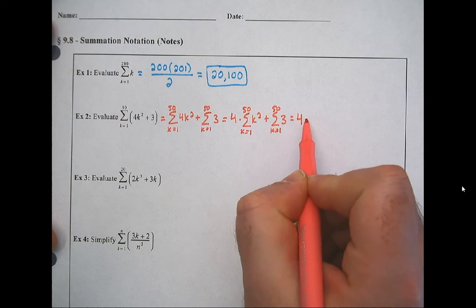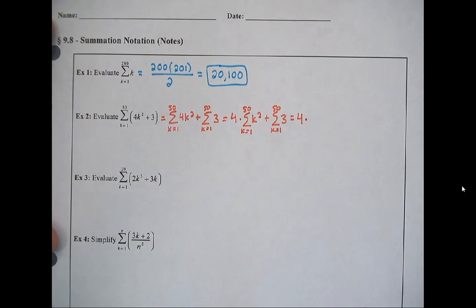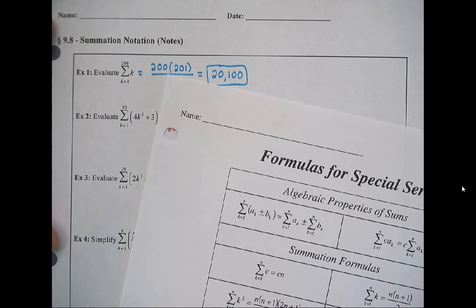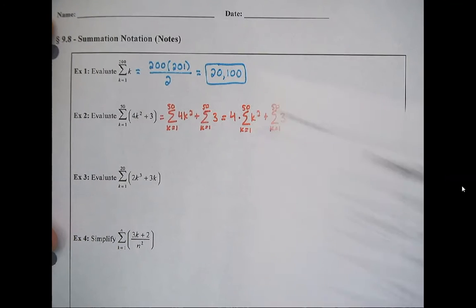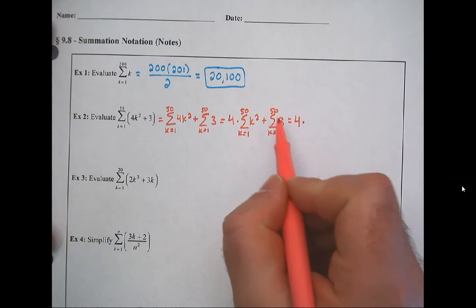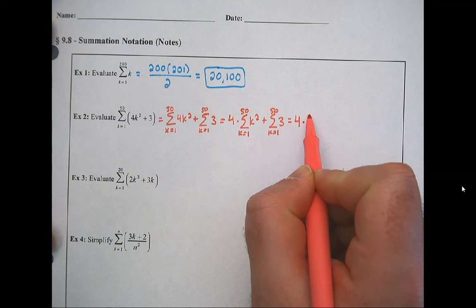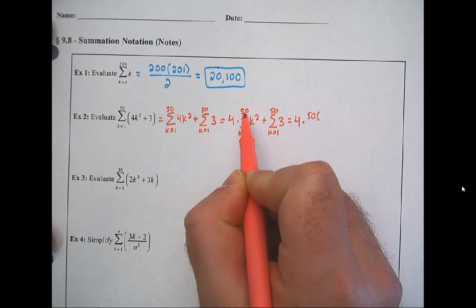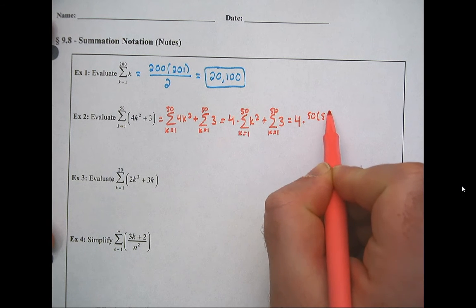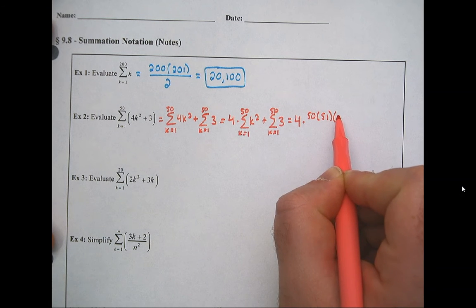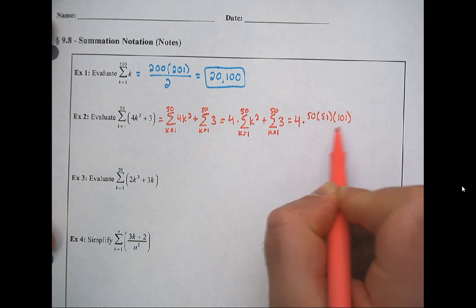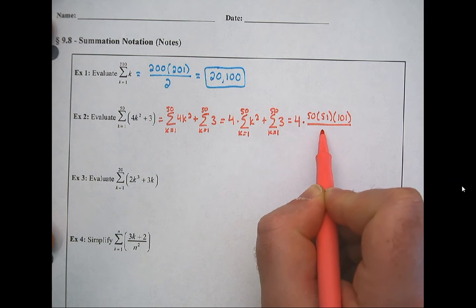So 4 times, looking at my cheat sheet, the k squared formula is n plus 1, 2n plus 1. I'm going to do these in my head and not write them out the long way. So n would be 50. N plus 1 would be 51. 2n would be 100, plus 1 would be 101, all over 6.